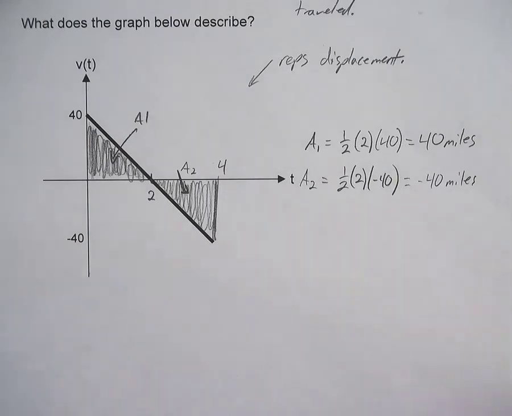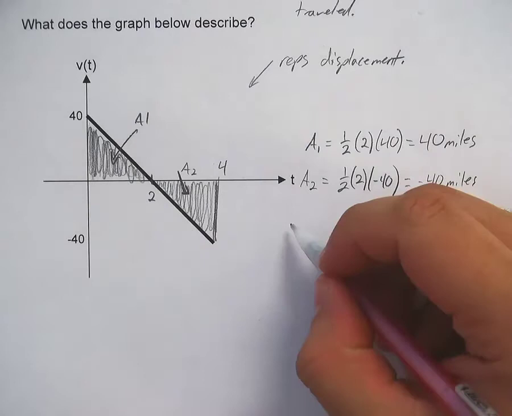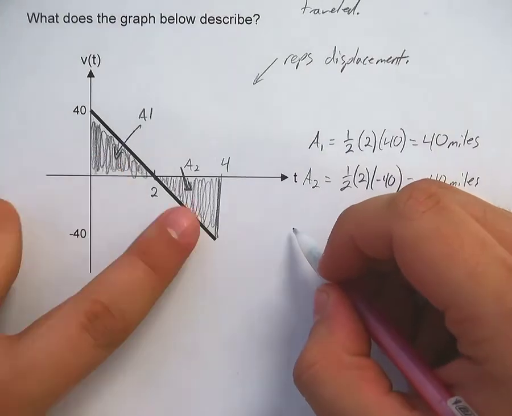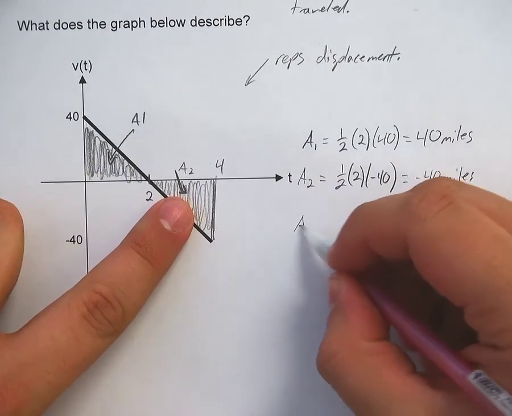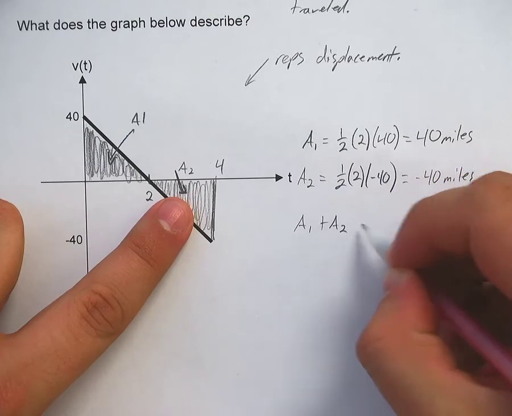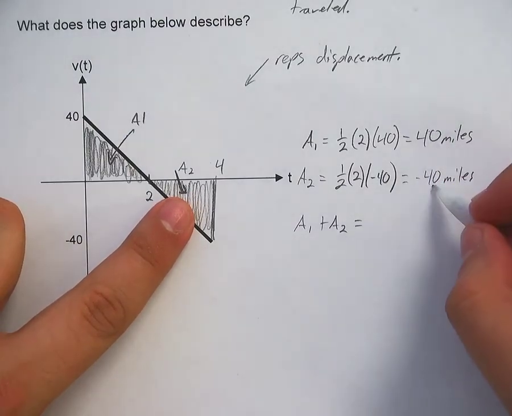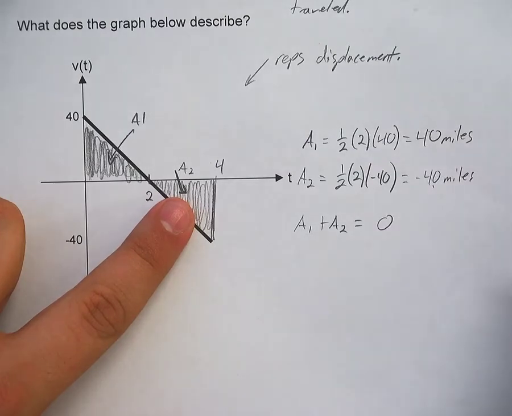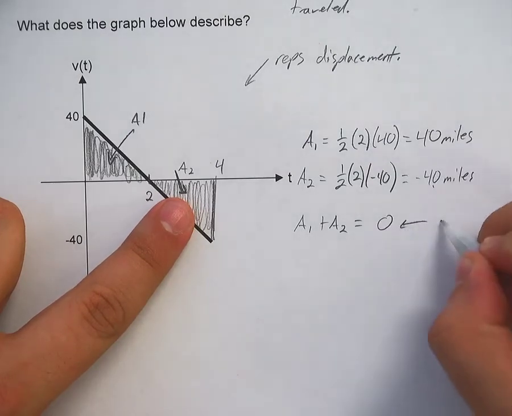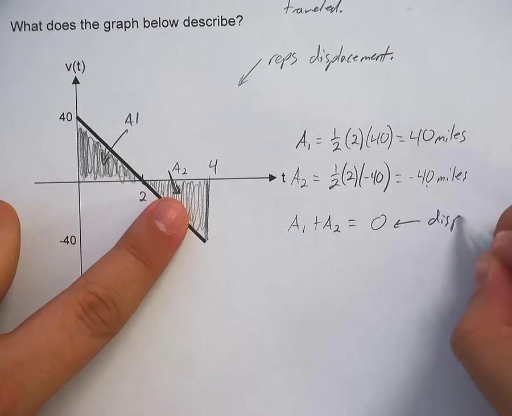So let's talk about displacement and distance here. Your displacement, find how much you went this way, find how much you went this way. So it's going to be A1 plus A2, which is 40 plus negative 40, 0. Now again, this is displacement, right?